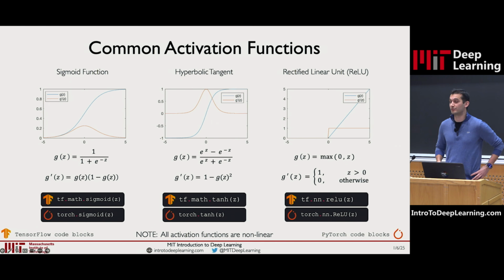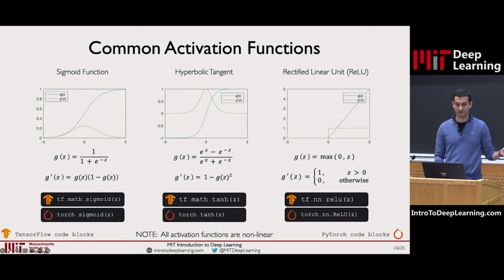But in fact, there are many types of nonlinear functions. This is just one function that's commonly used in neural networks. Throughout this presentation, you'll see a few examples of different nonlinear functions. And I'll also point out on the bottom of this slide, you can see some code snippets, both in TensorFlow and PyTorch, that will help align what you're seeing in the math with code that will be relevant for some of your software labs later today.